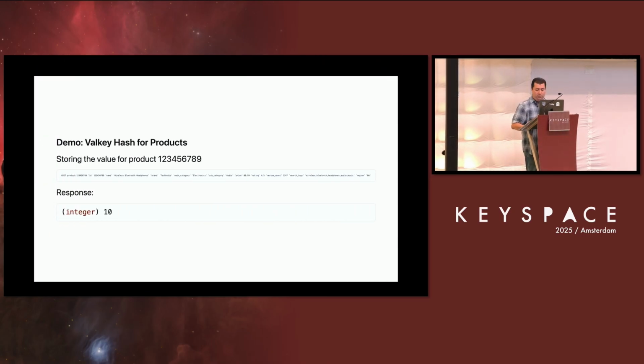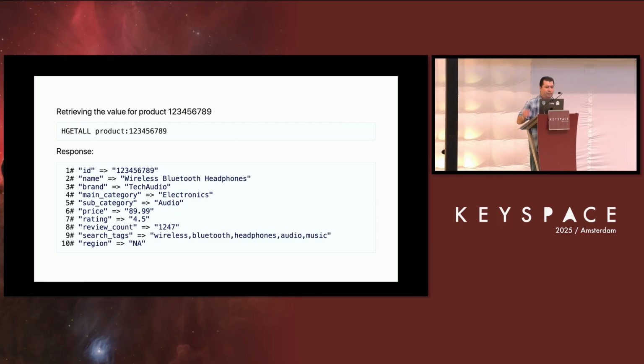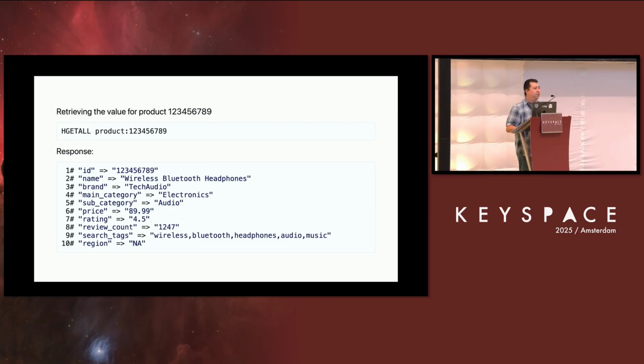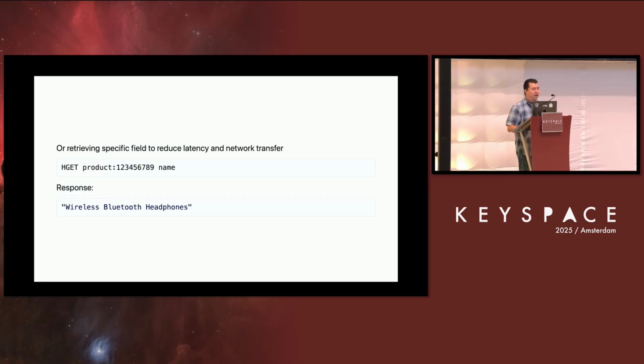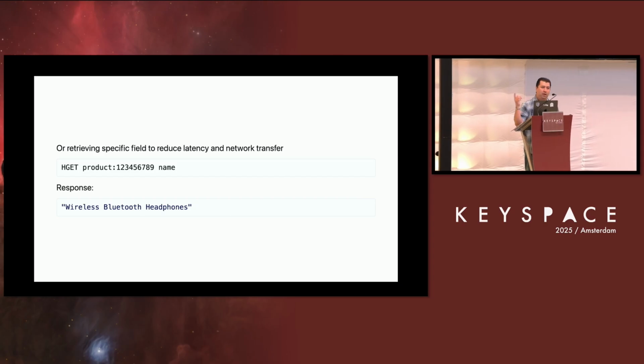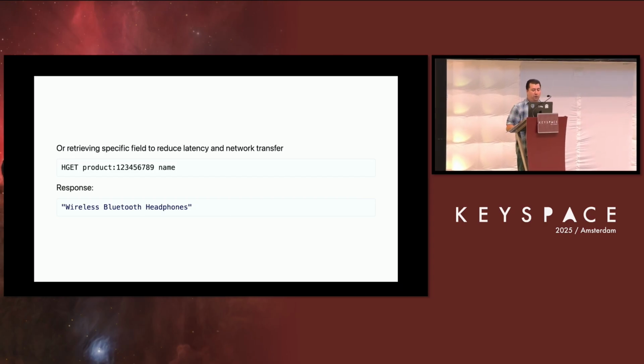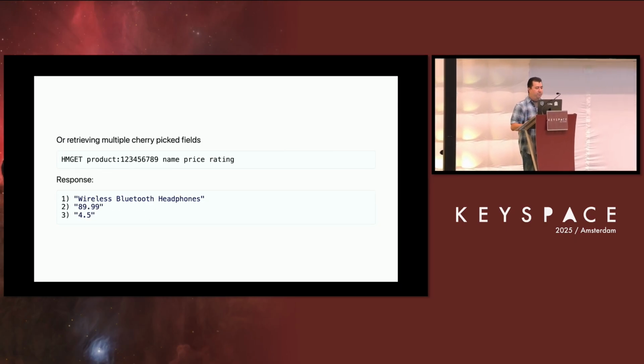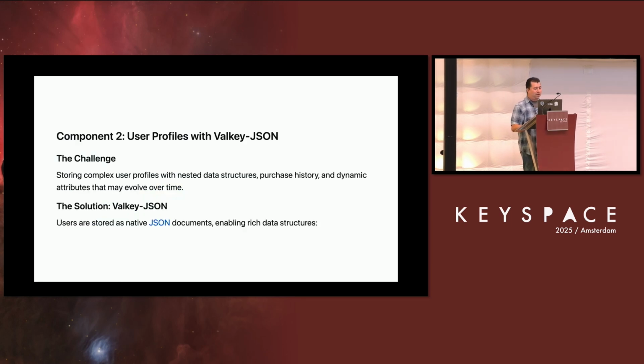Fairly straightforward. This is the response, the same response that we're getting in the CLI. The main feature is that it's extremely flexible and super efficient, and this is probably the most common use case for product catalogs, session stores, pretty much, yeah, that's it. And we can get as many items as we want at the same time.